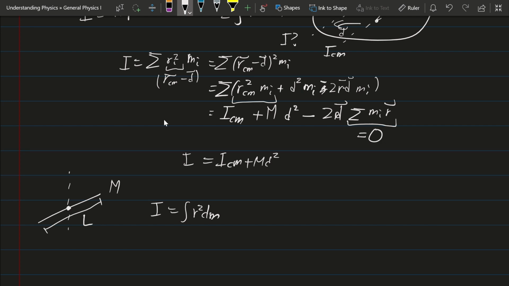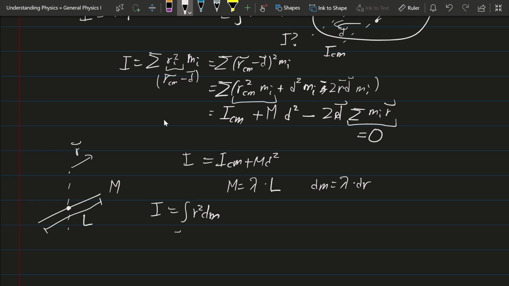So the mass will be a density, which we will call the linear density here, multiplied by the length. And so if you take a very small mass, this will be the length multiplied by the very small change, which I will call d, and here it's the direction of r hat, so it's dr.